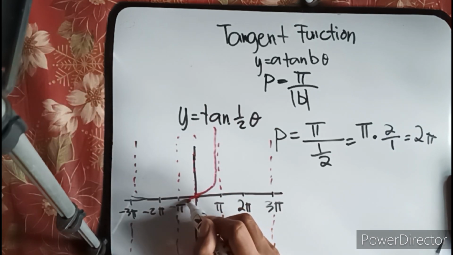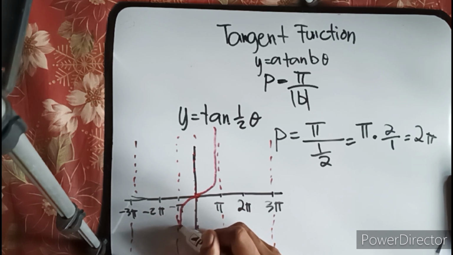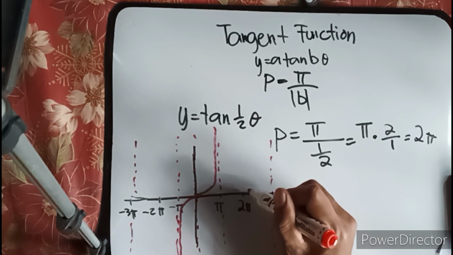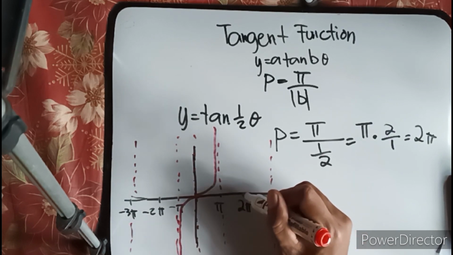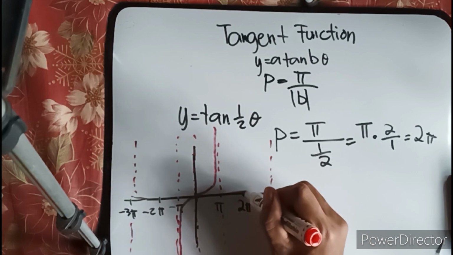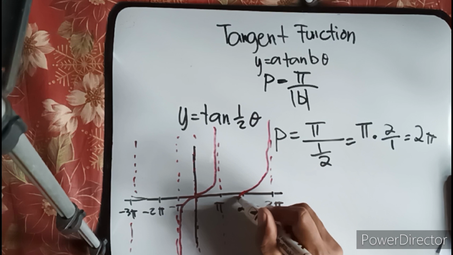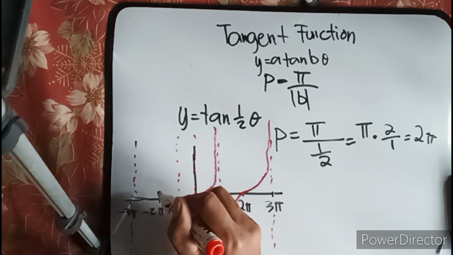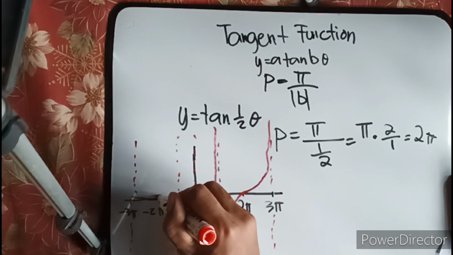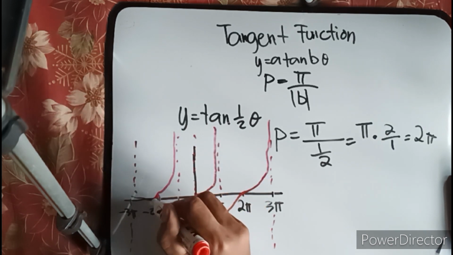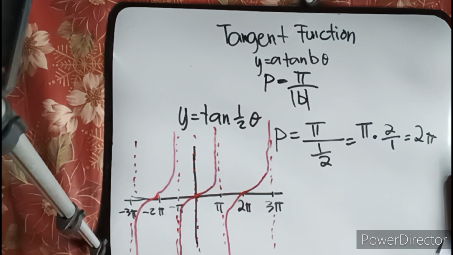And also here, it never touches the asymptote, up to infinity. And then we just need to copy the mirror image of that, like this, like that, and same as here. So that's how we graph a tangent function.